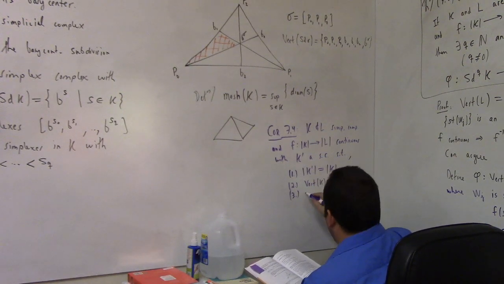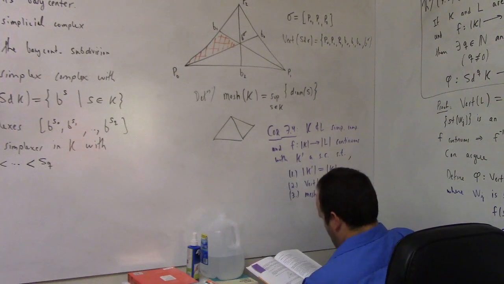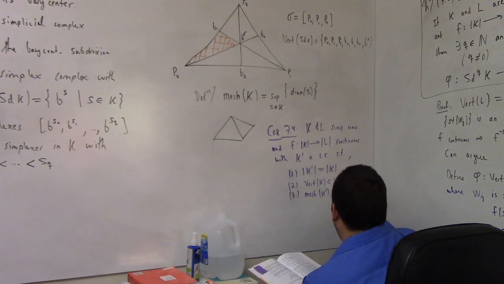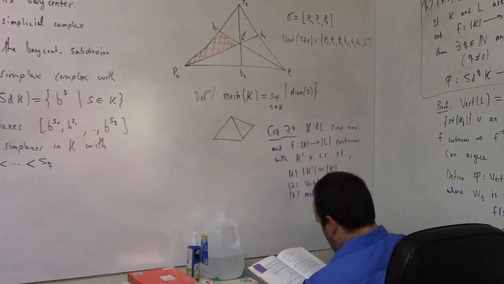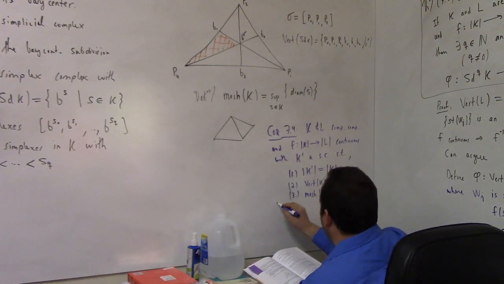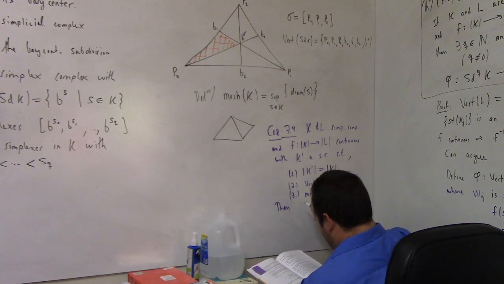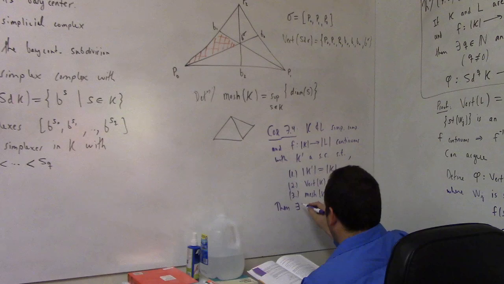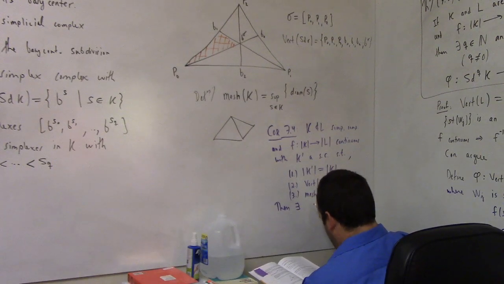And then the mesh, I love this, mesh of K prime is small. I feel like I'm in a differential equations course all of a sudden. Then, oh my gosh, he doesn't qualify it either. Then there exists, fine, whatever. There exists a simplicial approximation.